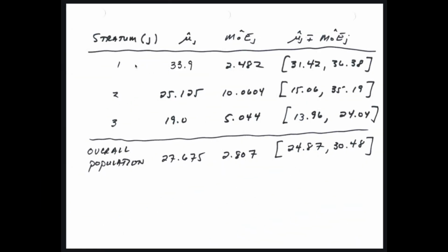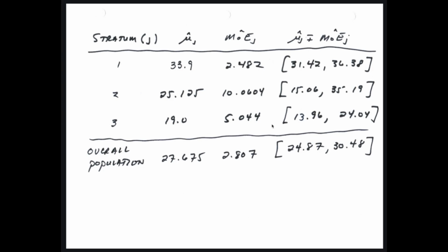Okay, so here is the summary of the results for the individual strata. We have point estimates for the strata means, point estimates of the margins of error associated with those strata means, and then the corresponding approximate 95% confidence intervals for the individual stratum means.